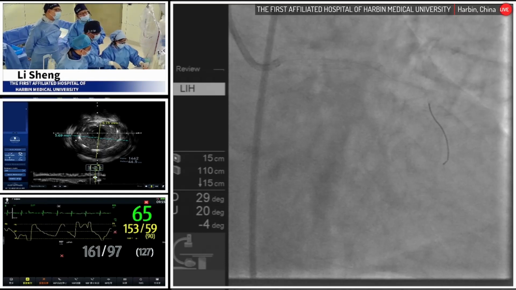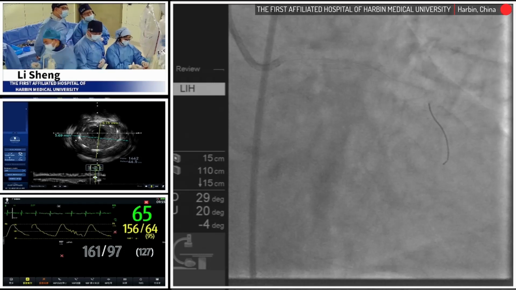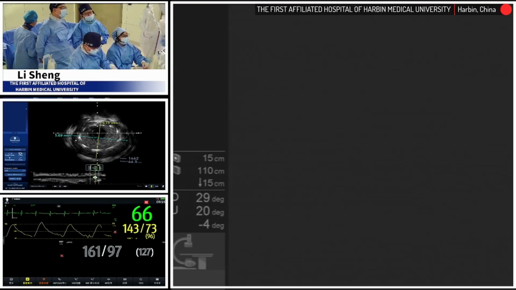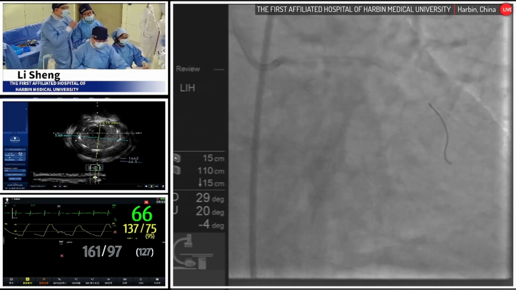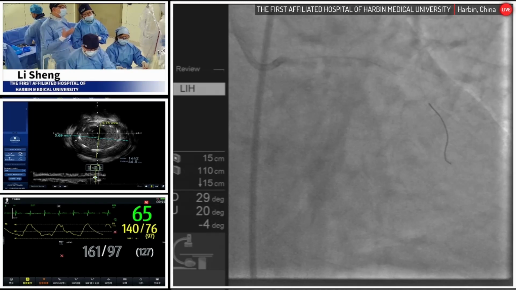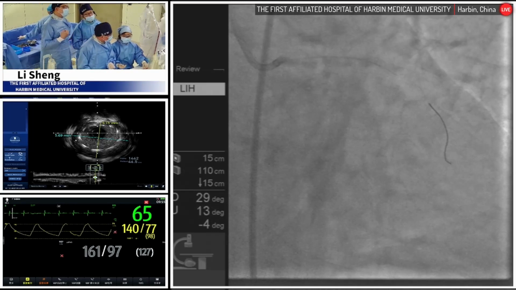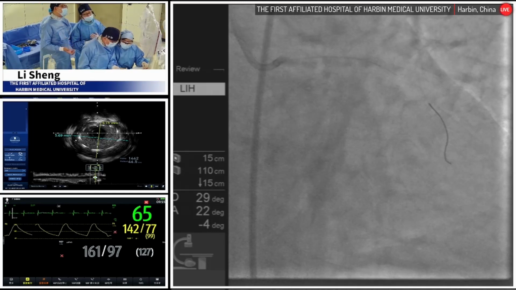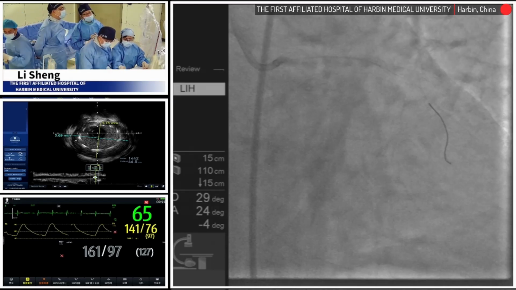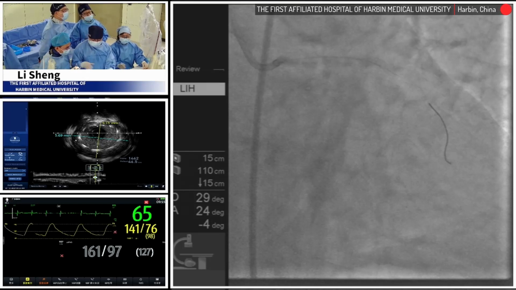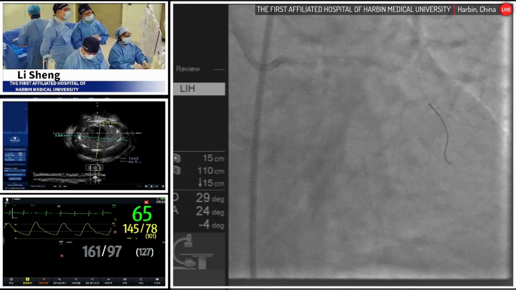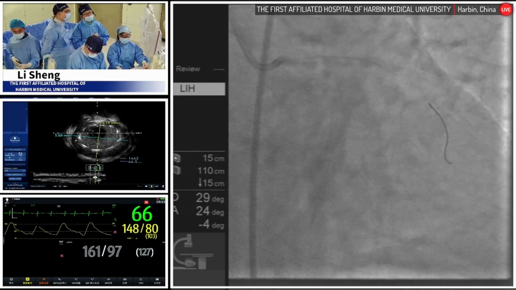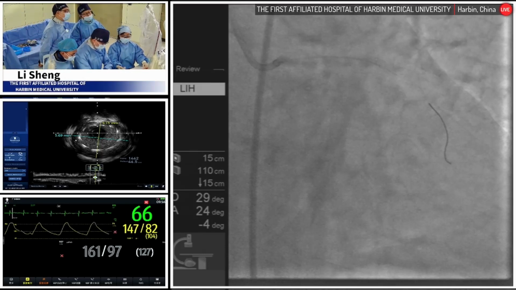Just talk about this patient. In this patient, during the first PCI procedure, we had an IABP standby, and now we also have an IABP standby. Some audience ask us, why don't we treat the left main lesion first, not the RCA CTO lesion? But in our mind, we know that there's a collateral branch from the LAD to RCA. So the left coronary artery is very important to this patient.